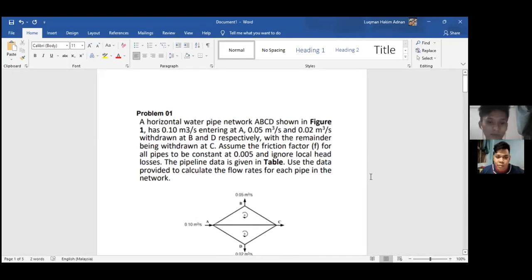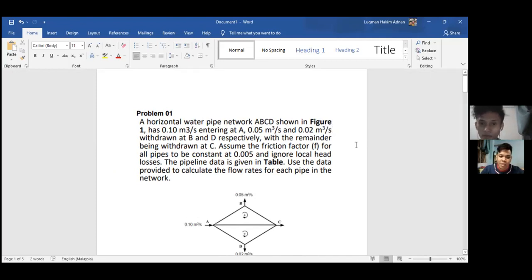So for today, we are going to discuss the first question, problem one from assignment 3.